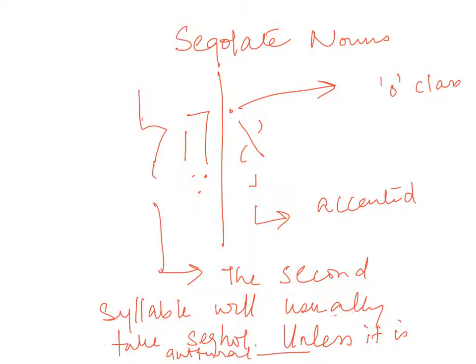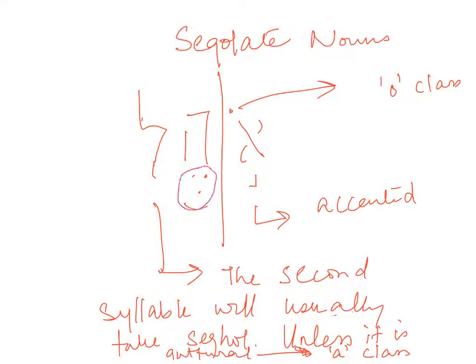Sorry, I'm running short of space. If it is a guttural, they prefer the A class vowels. So if the second syllable has a guttural in it, you can be assured that there is going to be some sort of A sound in it. But typically the second syllable will be a segol.